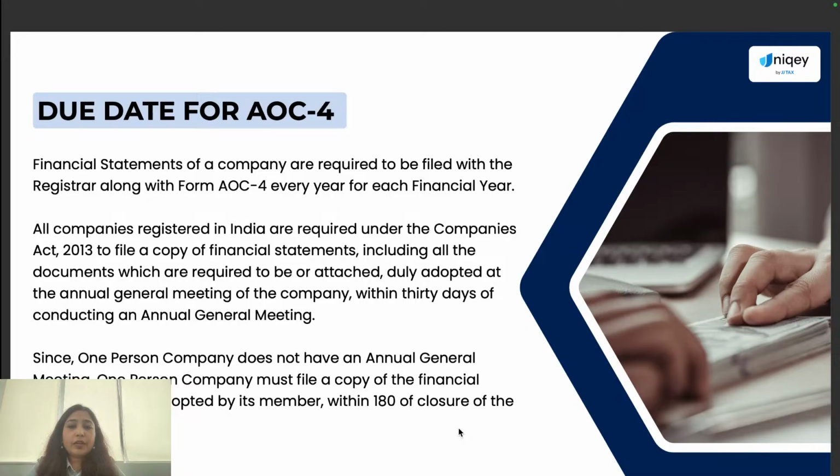There is also a recent amendment in the board report: we have to state how many sexual harassment complaints were received during the year and how many complaints were resolved. This amendment was introduced in the board report, so we have to file and comply with this.